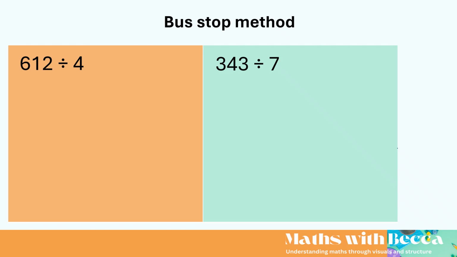So I could think of a group of 4. If I wanted to make it more visual, I could draw it like this, 1, 2, 3, 4 in a little group. So I'm going to set up my bus stop. So I'm dividing up 612 by 4. And the aim is to see how many groups of 4 I can make.